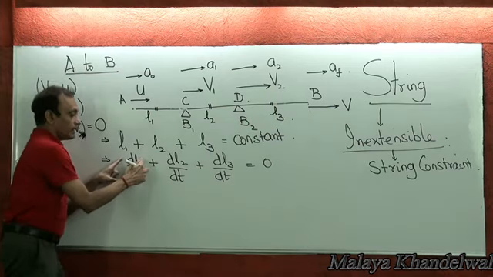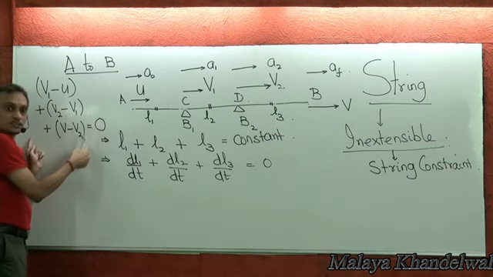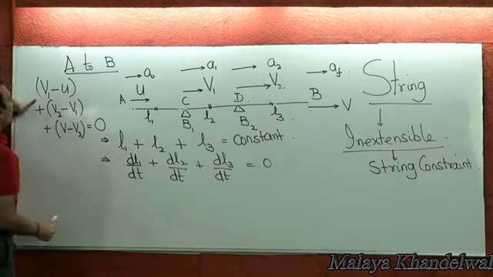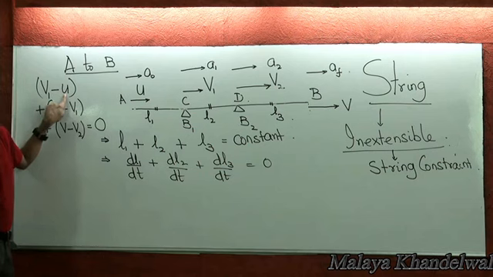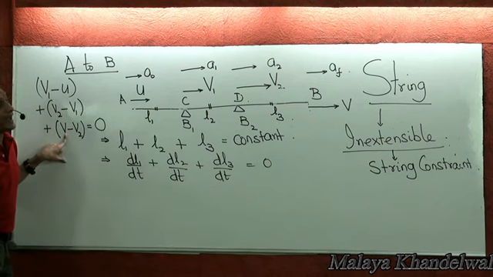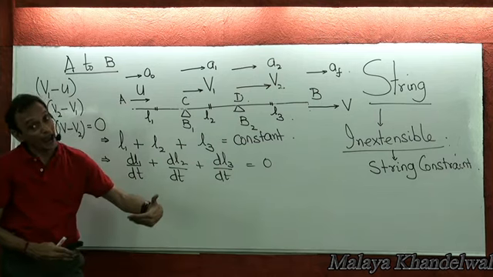Again, look at this equation. I could also differentiate this with respect to time once again. If I differentiate v1 with respect to time, what would I get? A1. If I differentiate u with respect to time, what would I get? A0. v2 with respect to time, a2. v with respect to time, af. Yes or no? So, what I have written for velocities, I could have also written for accelerations.